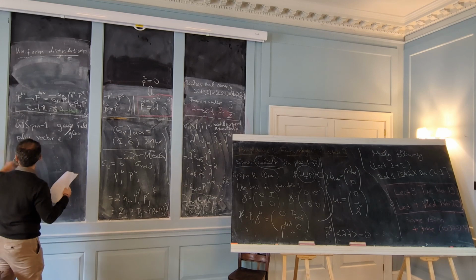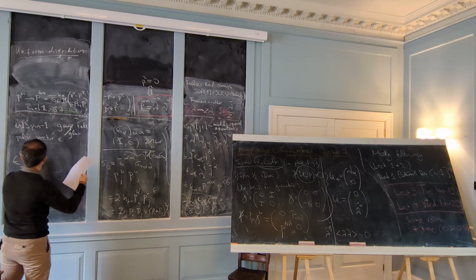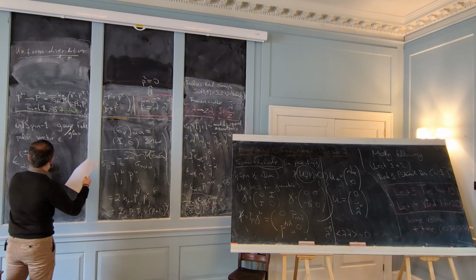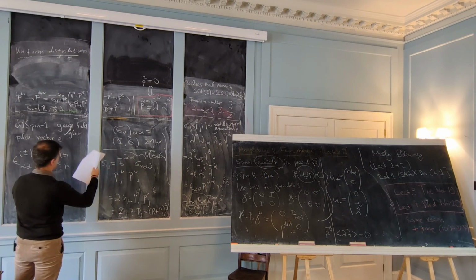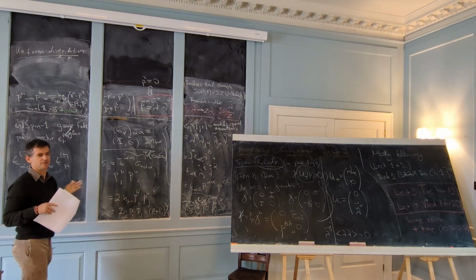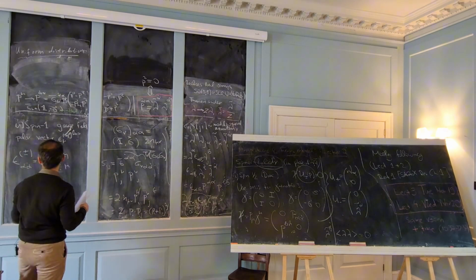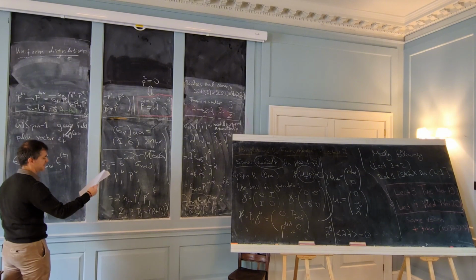Since we want to describe everything in the SL2C language, we again multiply the vector. We mentioned there are two physical polarizations for the gauge particle, just those that are perpendicular to the direction of propagation. So we just change the indices from 4 vectors to these matrices.